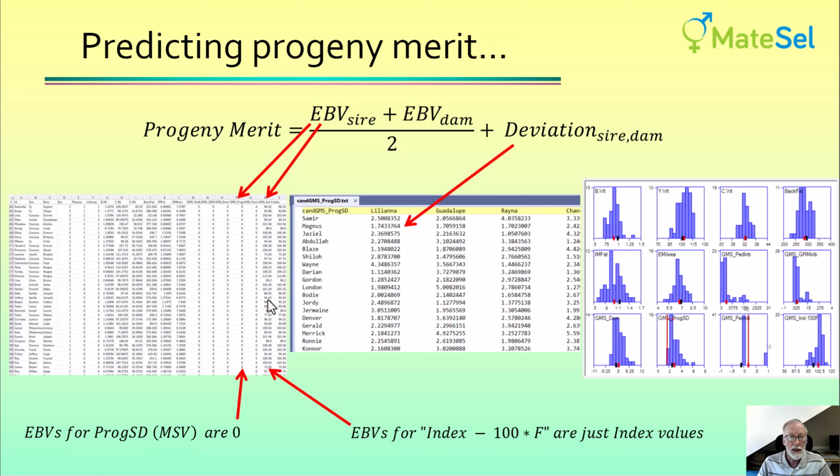However, for other traits or constructions, and this is really a construction, where we want to look at the impact of selecting on index minus a weighting on inbreeding coefficient, possibly as a research exercise. In this case, we have the index value as if there were EBVs, and then 100 times inbreeding coefficient would be supplied by you in a file like this.